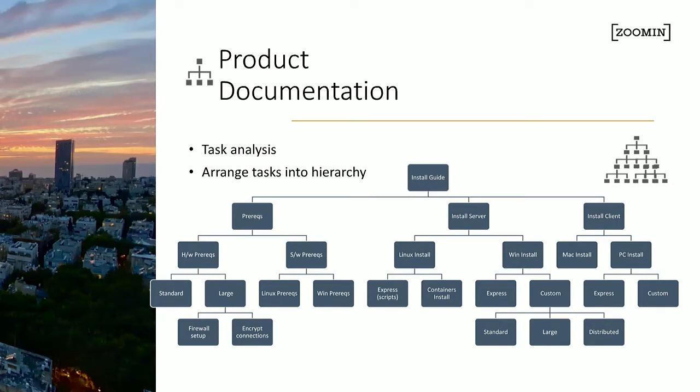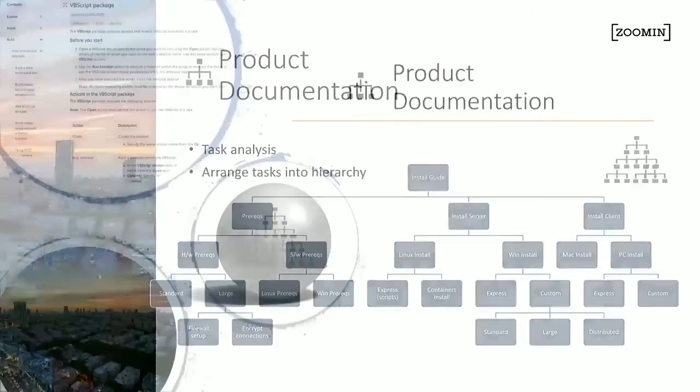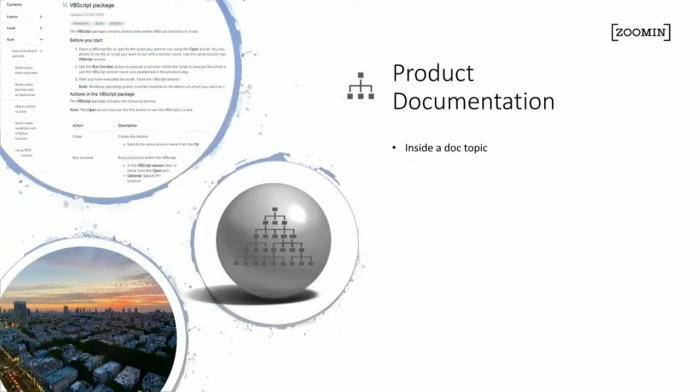And when you're looking at the installation, you're looking at different operating systems. And you kind of spread this tree out that has multiple levels of hierarchy. That's usually the way writers work when they create product documentation. And that's absolutely fine. This hierarchy that you create is a natural part of creating a publication.